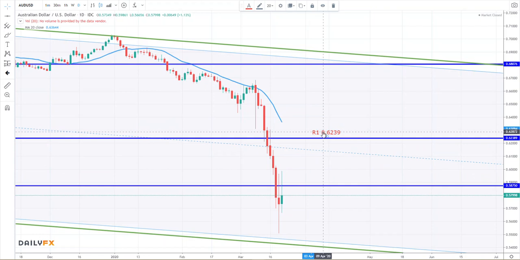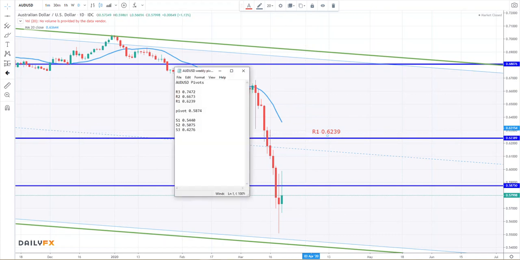The U.S. government is rolling out the stimulus package right now, which could cause a short-term turnaround in markets. Then we can see price move up quickly to the 62.39, but remember that the fast-moving average is sitting here. Basically I'm looking for my next sell-off right around this line. If the fast-moving average and R1 converge with price, then I'll probably be looking for an opportunity to sell.